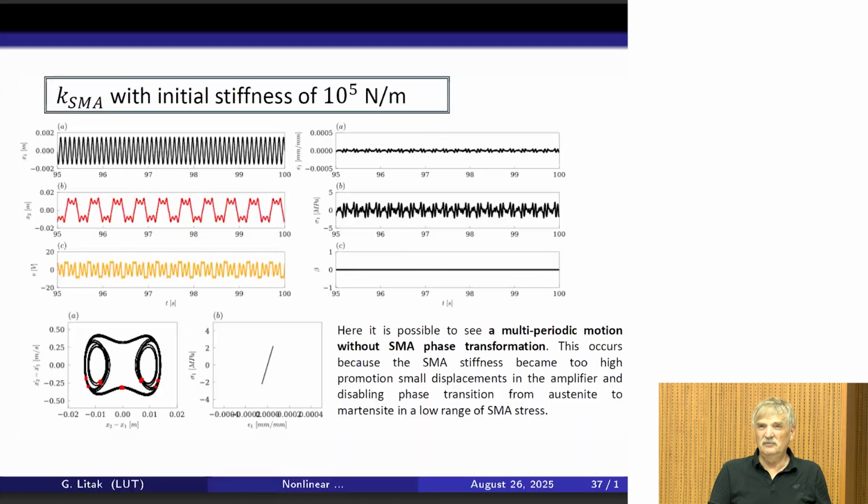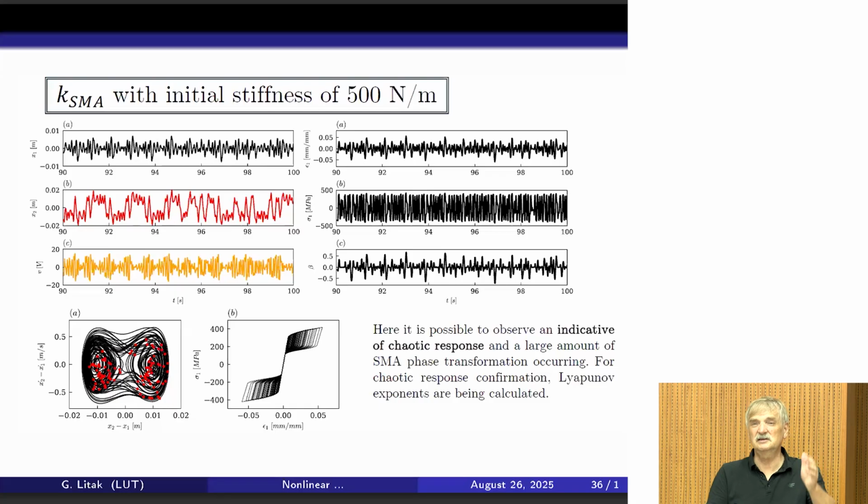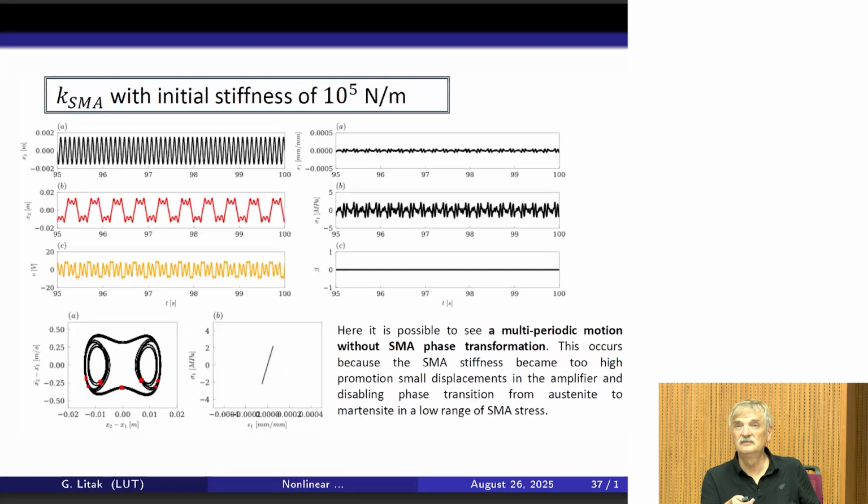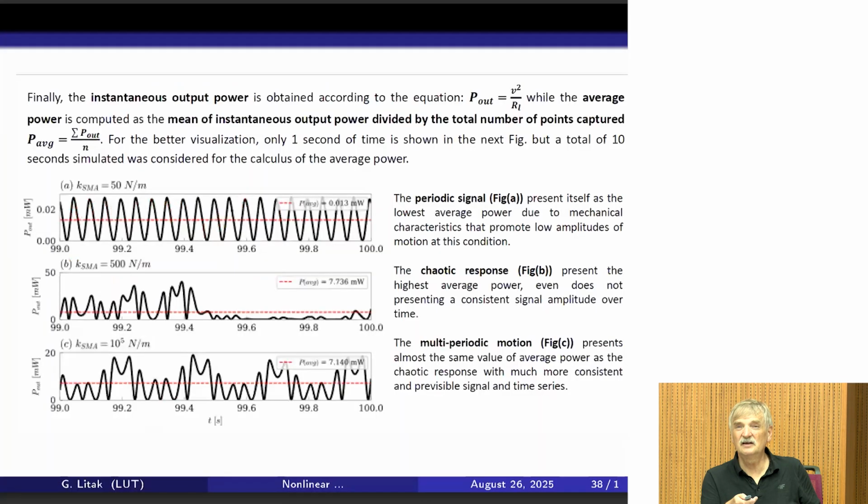So we had different stiffness. You see that these are examples with different stiffnesses. And with respect to our first paper, where we had a normal spring, these are three different periodic, and this is chaotic, and this multi-periodic, but it's irregular.